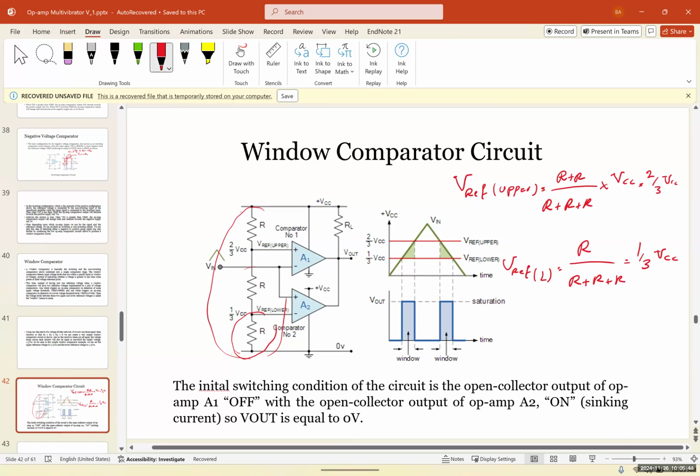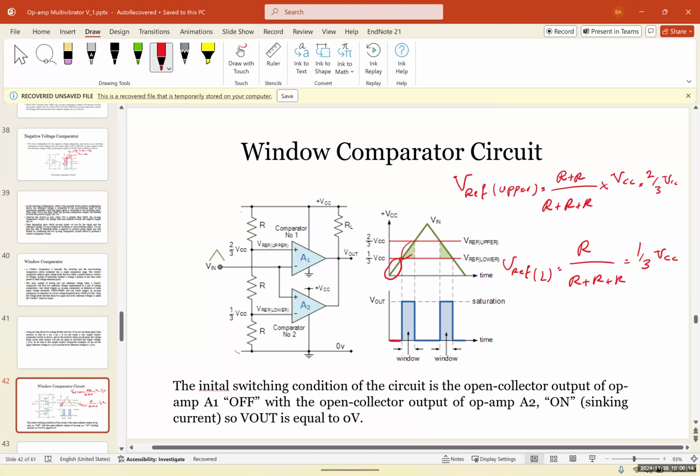Now, we can change these by simply changing these resistors, replacing them with a potentiometer. And the way that this works is, again, as mentioned, it's a combination of the inverting and non-inverting comparator. Initially, when the Vn is less than the lower V reference, the output would be equal to negative VCC.